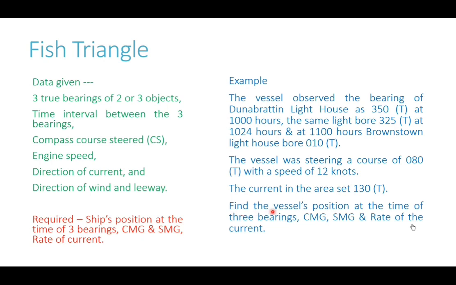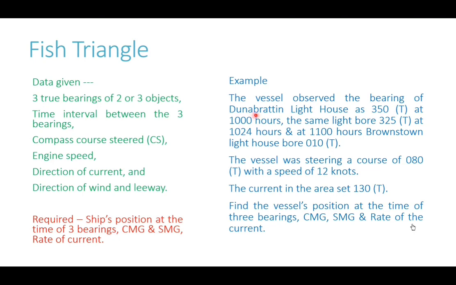We have to find the vessel's position at the time of the three observations, the three bearings, the course made good, the speed made good, and the rate of the current. So you can see here they have given us three bearings, 1000 hours, 1024 hours, and 1100 hours from two different points.